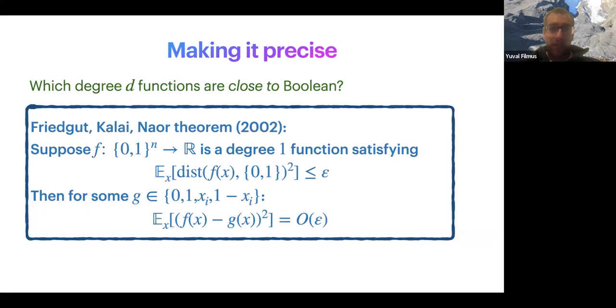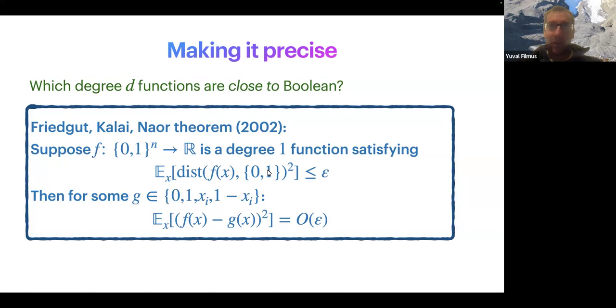So here's an example answering this question in the case d equals 1. This is, in this area, a quite famous theorem of Friedgut, Kalai and Naor. Suppose that f is a real valued function on the Boolean cube and it happens to be degree 1. And it is close to Boolean in the following sense. If you take a random x, we'll soon say what the distribution is, and compute its square distance from {0,1}.